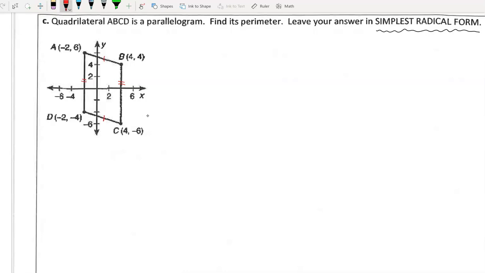So if you find one of each, and then you just multiply it by 2 and then add everything up, you can get the perimeter. Okay, so if you want to do it the quick way, find a vertical segment using the distance formula, find one of these diagonally facing segments using the distance formula, and then just multiply those answers by 2, add it all up, and you have the perimeter.